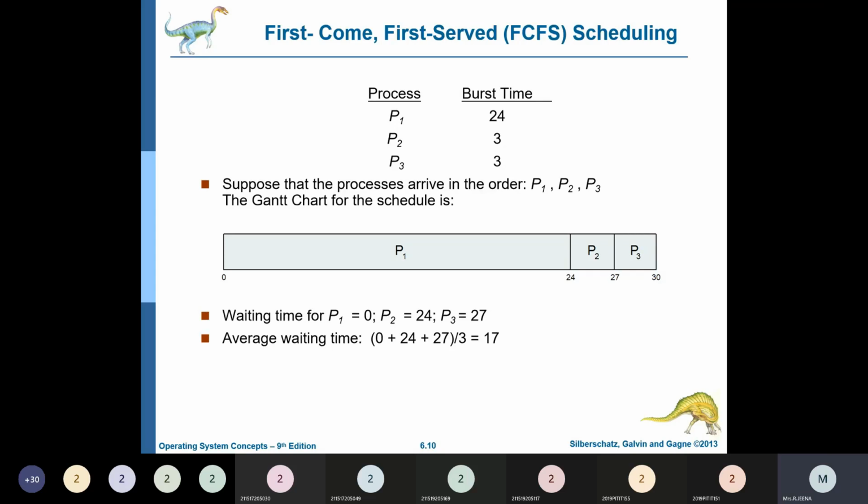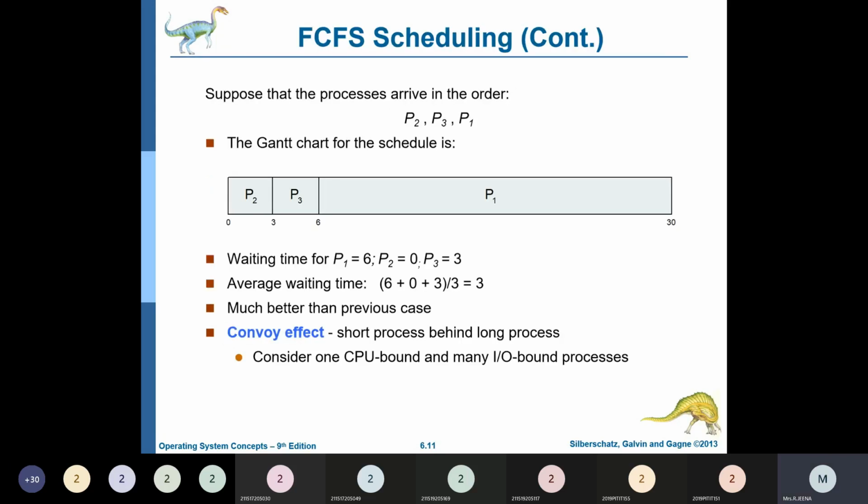The worst case is if the first process, at the front of the arrival order, takes a long time to complete. Then the whole system gets slowed down, because the processes coming later in the arrival order have to wait for a long time. This is called the convoy effect. This is the major disadvantage.